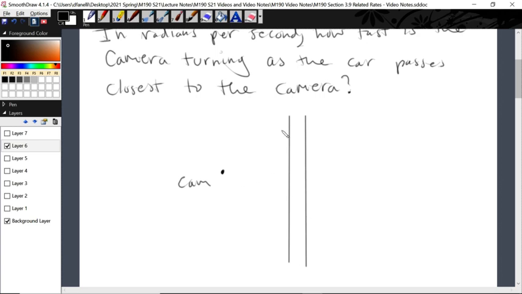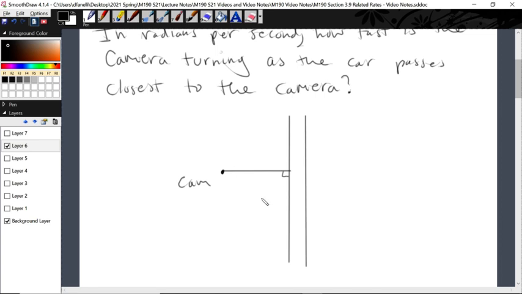So the camera's watching cars as they drive along the road, and we're interested in rotation. I'm going to choose to keep this rotation positive, that is, rotating in the counterclockwise direction, the standard position of an angle. The car would be closest to the camera when this line segment is perpendicular or orthogonal to the road.